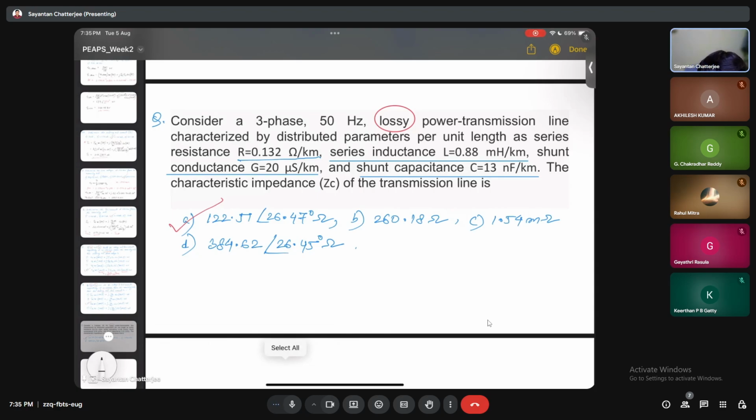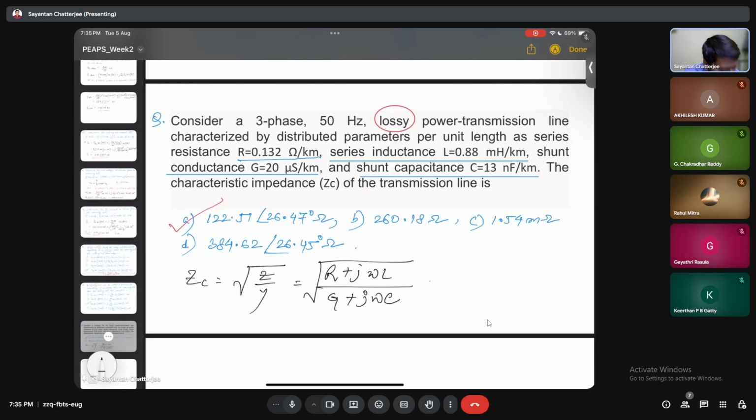So the value of ZC will be given by root of Z by Y, right? So Z means R plus j omega L and Y means G plus j omega C.